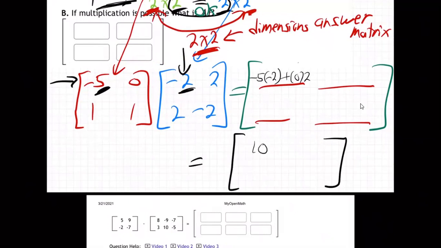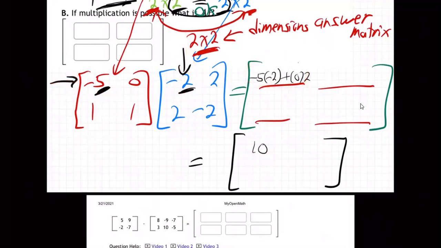Do you see what I did there? So this one is always moving across, this one's always moving down. I started with -5 and -2, and then I jump to 0 and 2, and they multiply and add up. It's +10. Notice that's the upper row, left column, upper left entry.